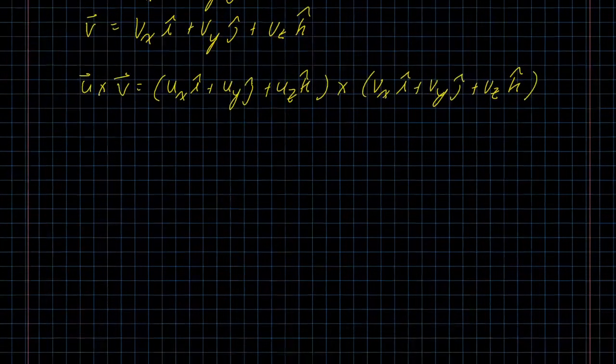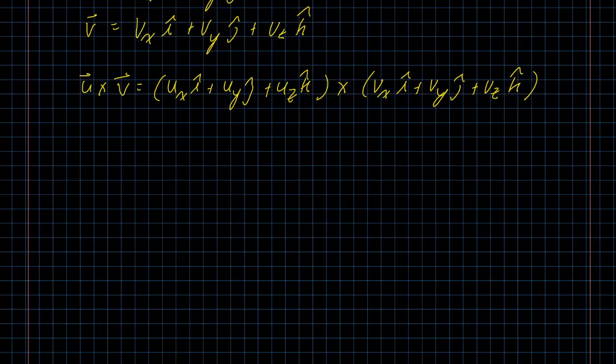And here's where things start to get messy because I am going to distribute. I'm going to take uxi and I'm going to cross it with each of these. Then I'm going to take uyj and cross with each, and the same thing with the k one. So we're going to get uxi cross vxi. We're going to get uxi cross vyj.